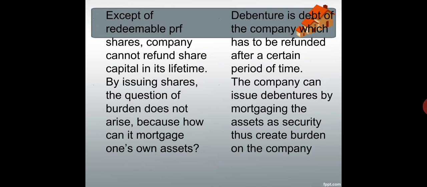In preference, shares cannot be considered to be qualifying shares to become directors of the company. Means, by purchasing preference shares, no one is able to become a director of the company.